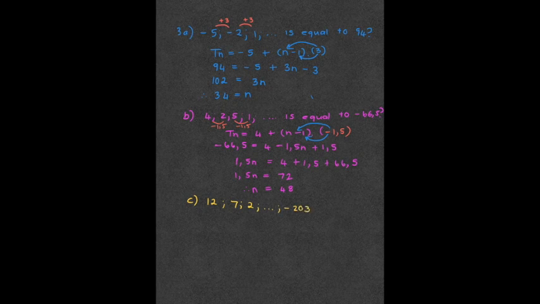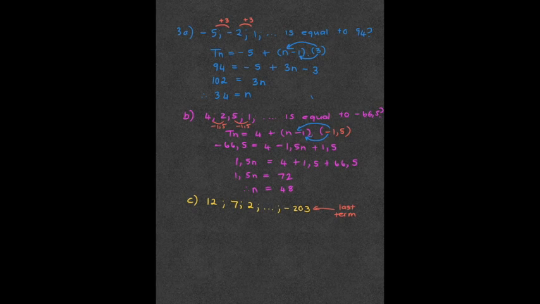So what this is saying is that this pattern, term 1, term 2, term 3, there's a whole bunch of terms in between, and then we come to the last term. So minus 203 is the last term in this sequence. So this is a pattern which comes to an end.